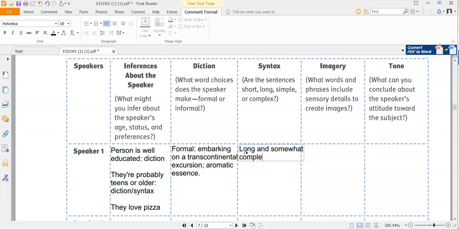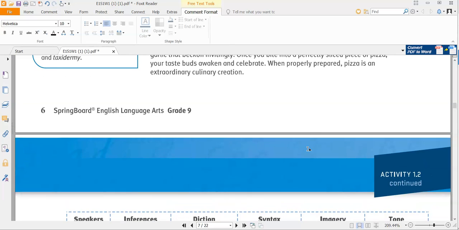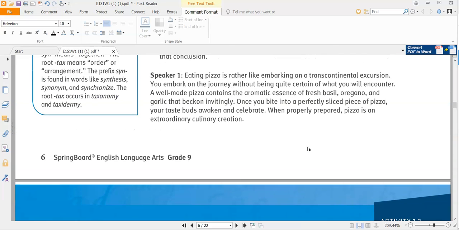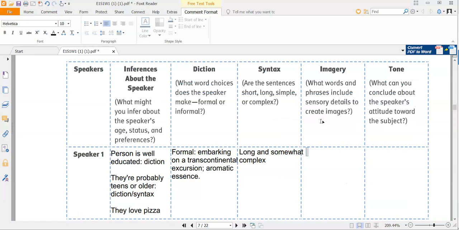And then imagery, we're going to use exact words and phrases that give us some kind of sensory detail, meaning they appeal to one of the 5 senses. So they say the aromatic essence of fresh basil, and that appeals to smell, because aromatic means something that has a strong aroma.